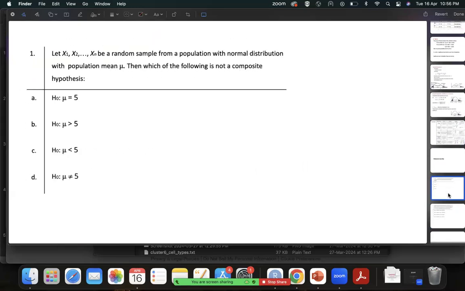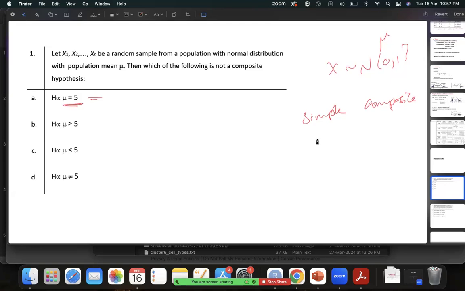Okay, so this is the first problem. Let x1, x2 up to xn be a random sample from a population with normal distribution with population mean mu. Which of the following is not a composite hypothesis? We saw that a hypothesis could either be simple or composite. Simple is when you have the exact value, like H naught where mu is equal to 5.